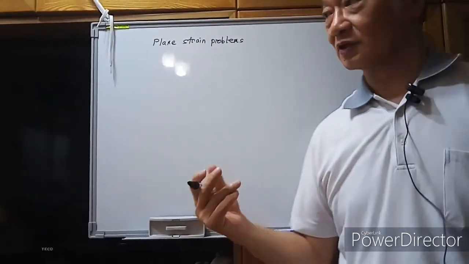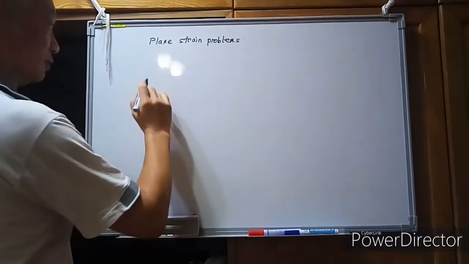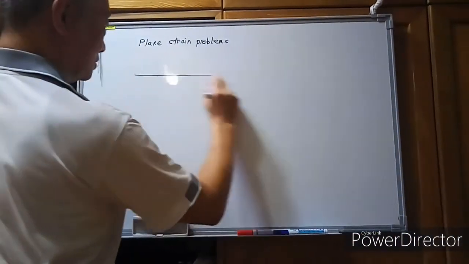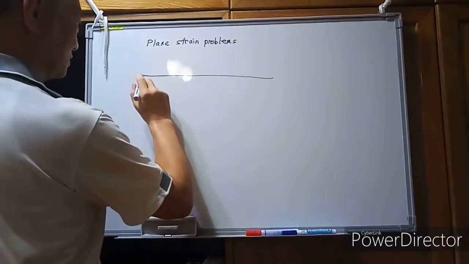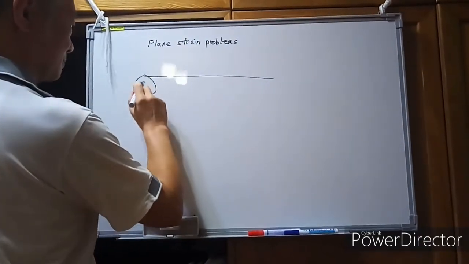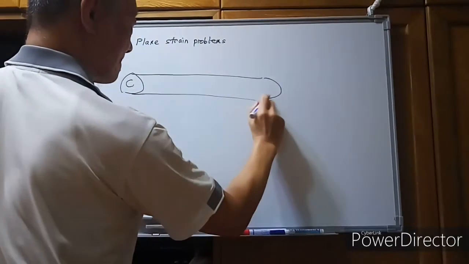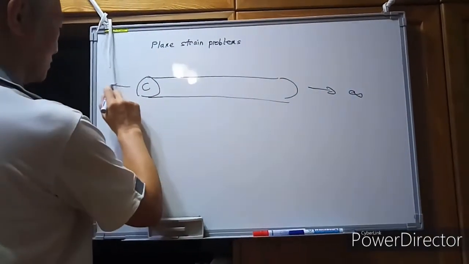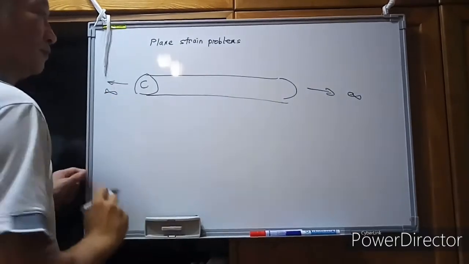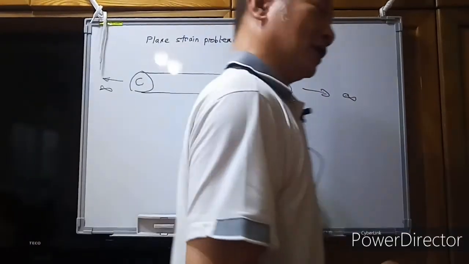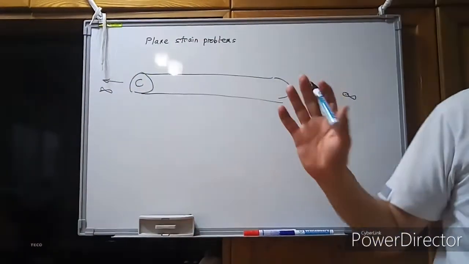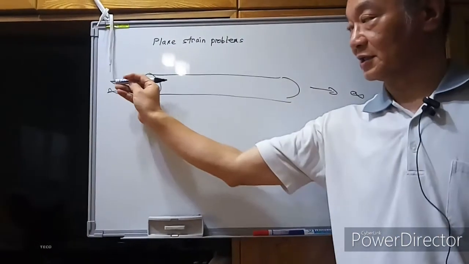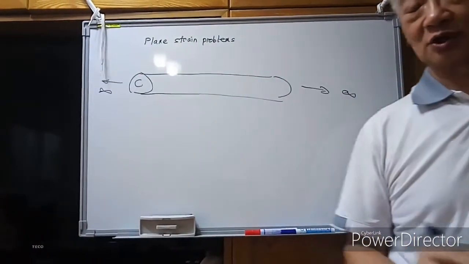The character of the geometric shape for three-dimensional structures: we have one of the directions which is close to infinity. Usually we will say that's the axis of the structure.